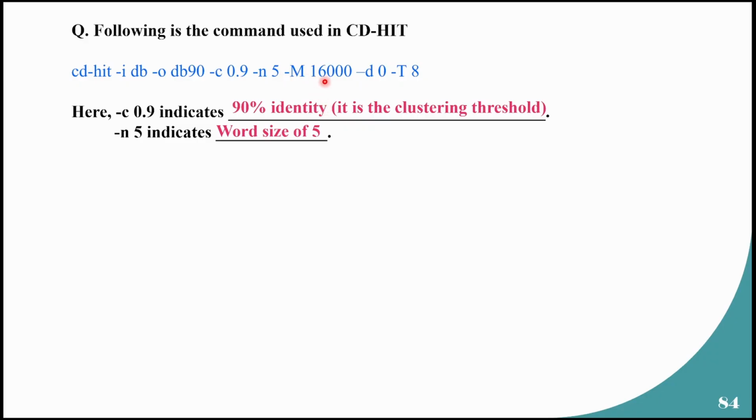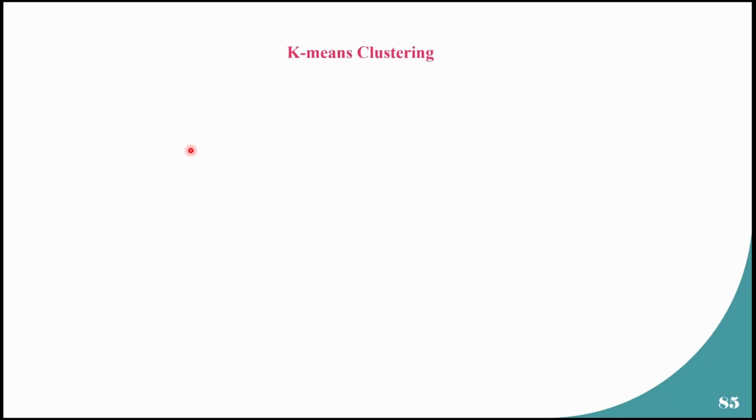The rest of the parameters you are indicating, you don't need to memorize, because those are memory or CPU related, basically. So -c and -n, you just remember these for the CD Hit tool.